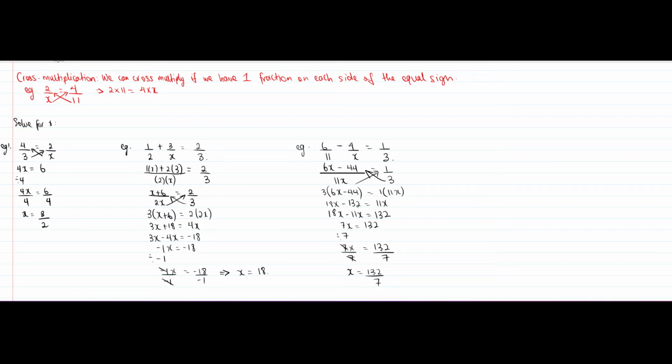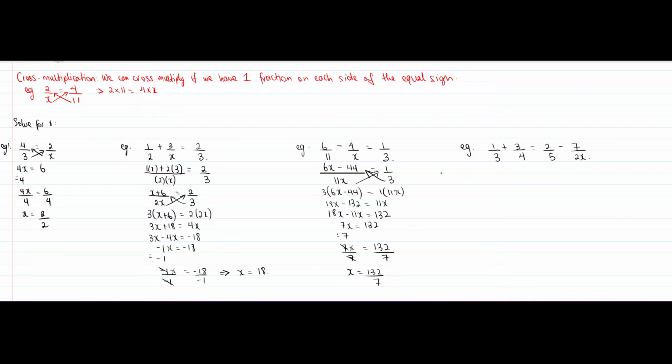If you want to leave it as a mixed number, by all means you can go ahead and leave it as a mixed number. So I'll put an example here for you all to try on your own. Let me say I have a third plus 3/4 is equal to 2/5 minus 7 over 2x.